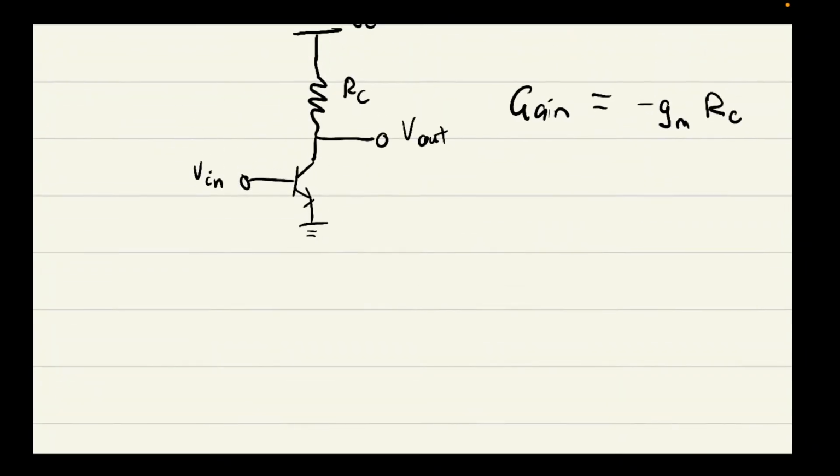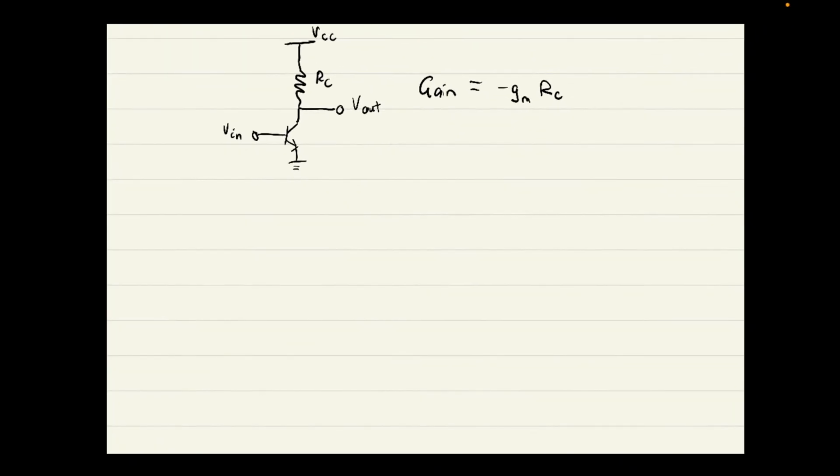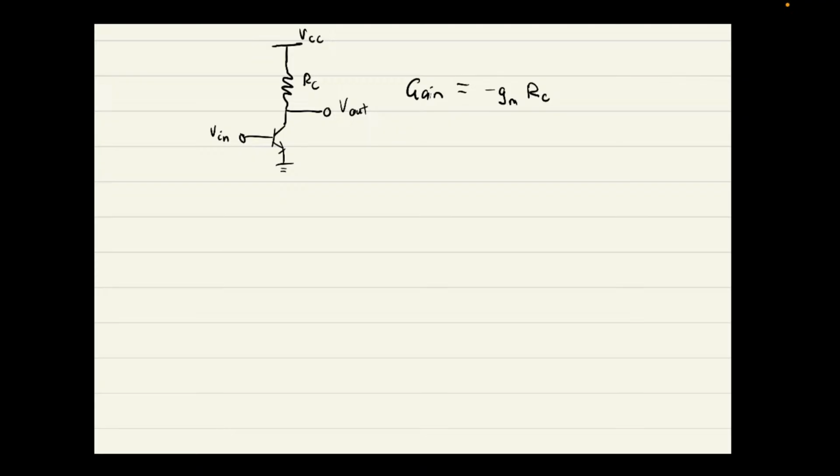So whenever we want to derive something like this, we'll just go straight into the small signal model. Okay. So we've got the BJT here.